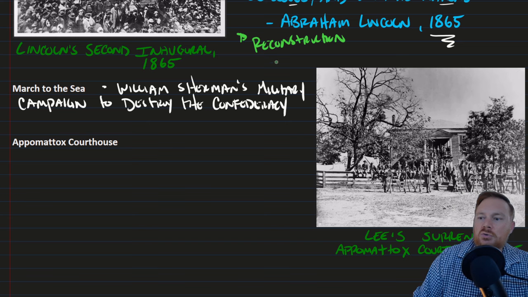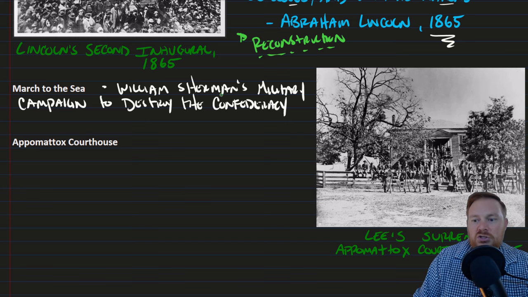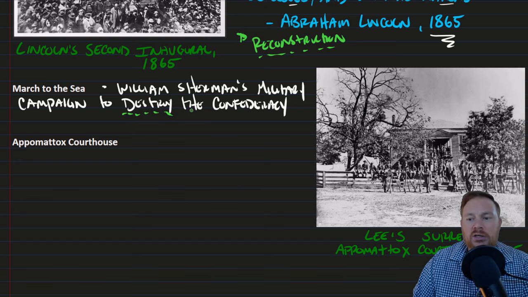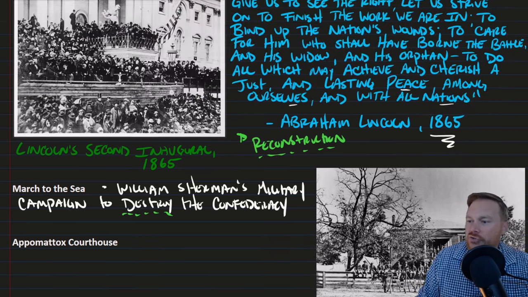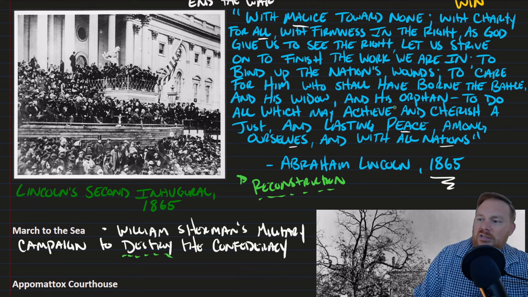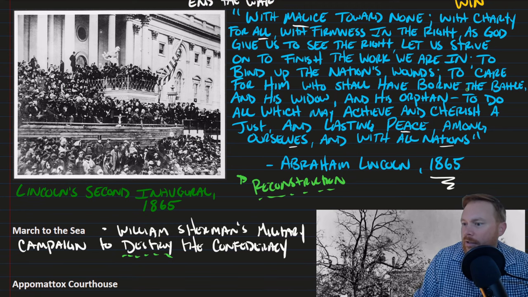And when we get to the next chapter on Reconstruction, there's an element of Reconstruction that has to do with the physical rebuilding of the country. And a lot of that destruction was done by Sherman and his March to the Sea. Typically, when we think about Reconstruction, we think of it more in the sense of what Lincoln said, and that was to, where does he say heal the wounds?